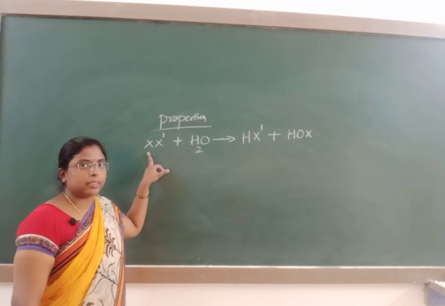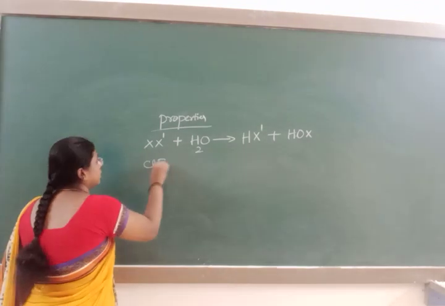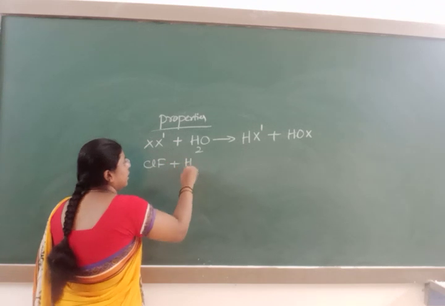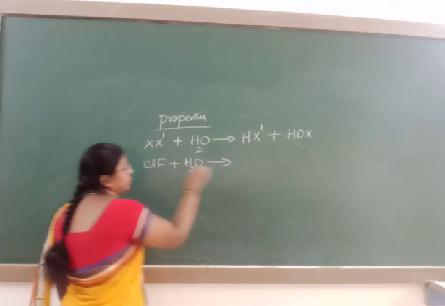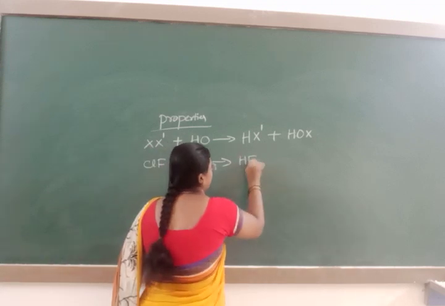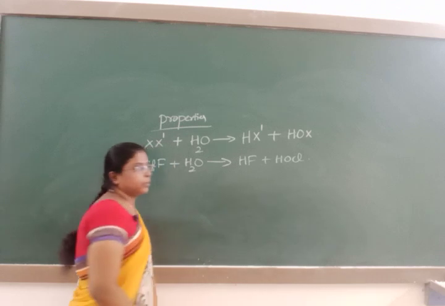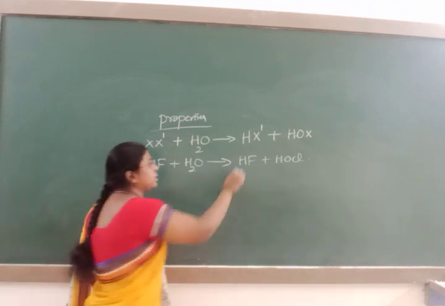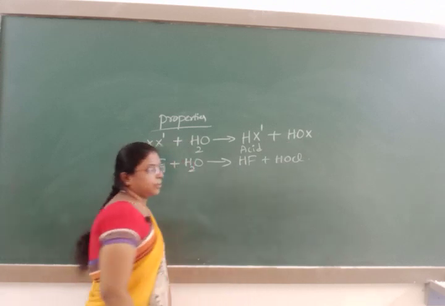You can take any example here. Take ClF as an example. When ClF reacts with water, you get HF and HOCl. This is very important. You get one acid and another oxo acid.